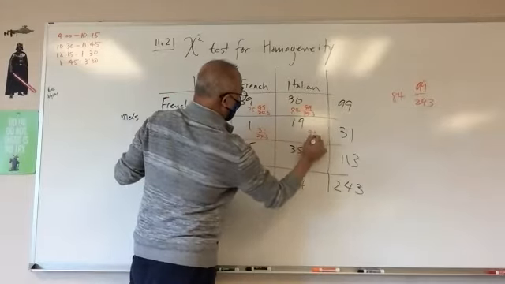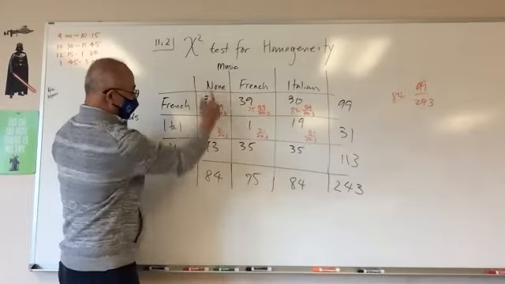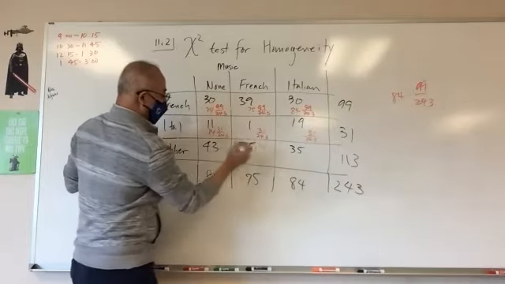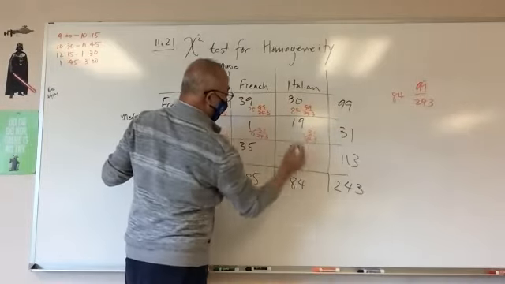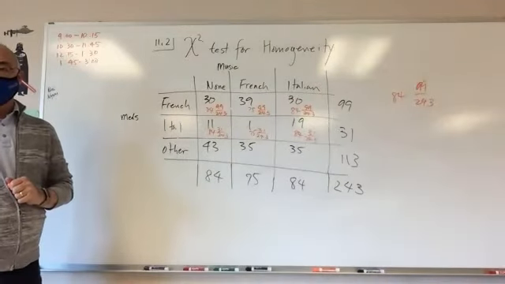But you're going to now multiply this by the number of people who ordered, when there was none, it was 84, 75, and 84, right? Same exact principle, okay?